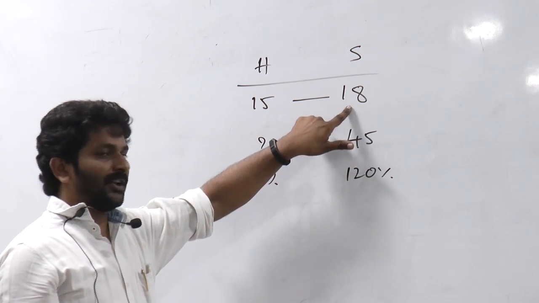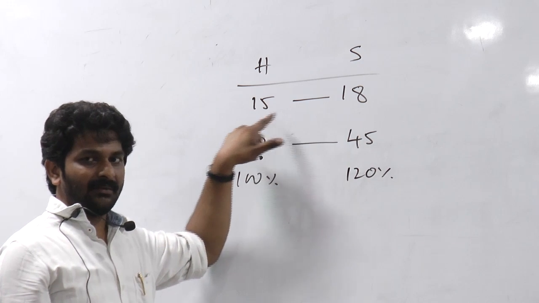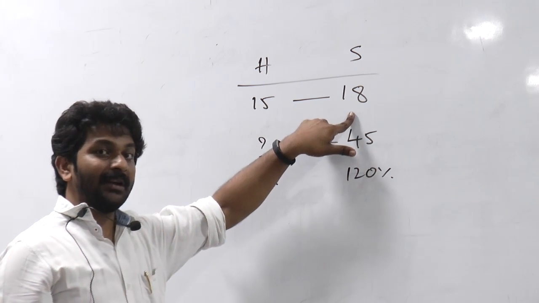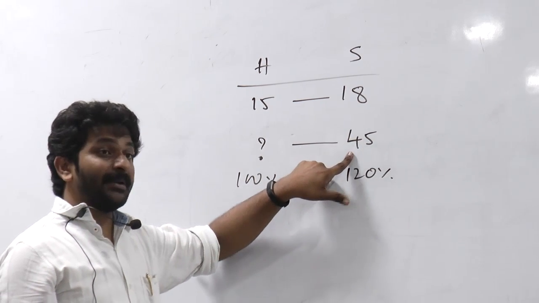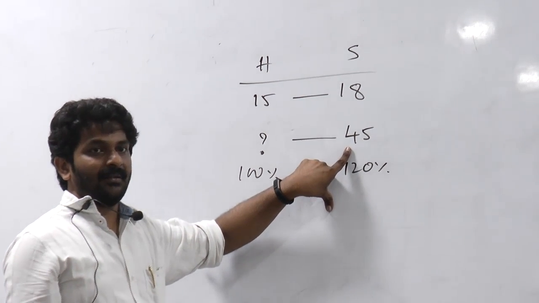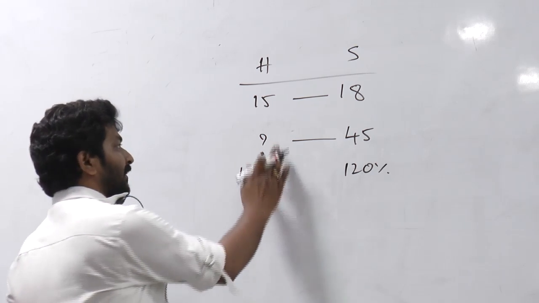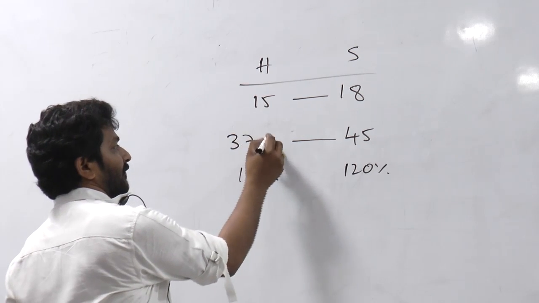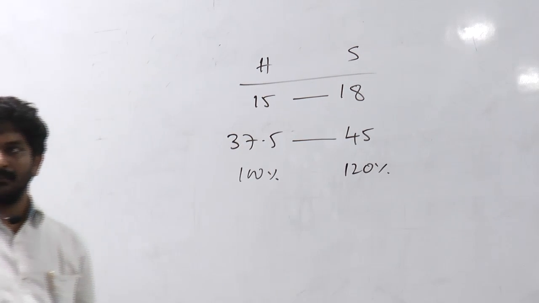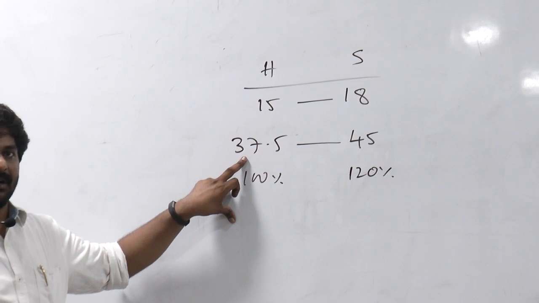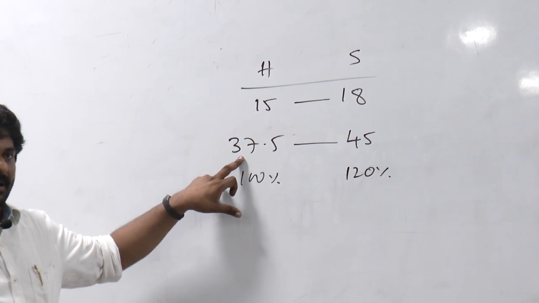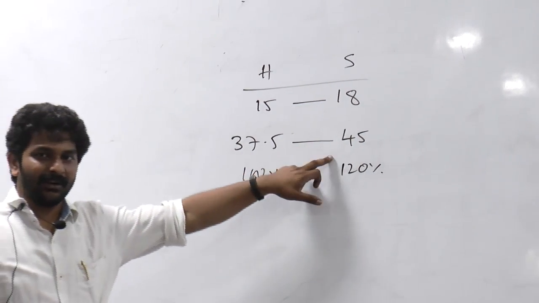You need to subtract 3 from this number, then you will get 15. How will you get 3 using this number? Divided by 6, that is 7.5. 45 minus 7.5 is 37.5. 10% of this number is 3.75, 20% is 7.5. If you add 7.5 to this number, you will get 45.